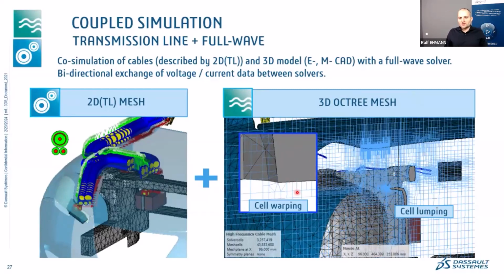For example, we use cell warping to make the mesh stick more to our corresponding 3D body parts, and we lump the cells in order to save resources in the sections or volumes where the solver knows that such a high accuracy is not needed.